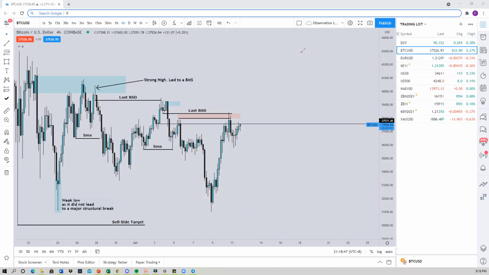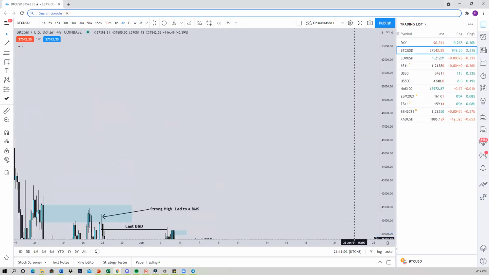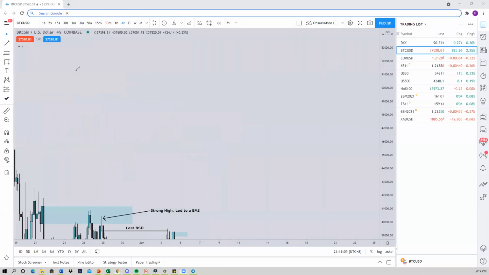Now, this is where the next concept comes into play: ICT's concept of internal to external and external to internal range liquidity. So if you have internal, which I call I, and external, which I call E, and then you have E to I. Internal range liquidity is everything in the PD array matrix apart from the old highs and lows.